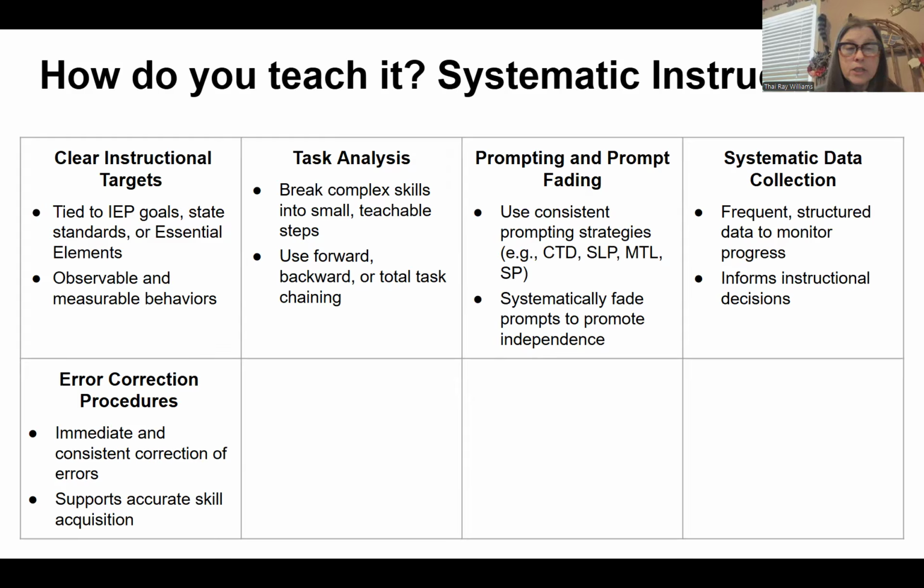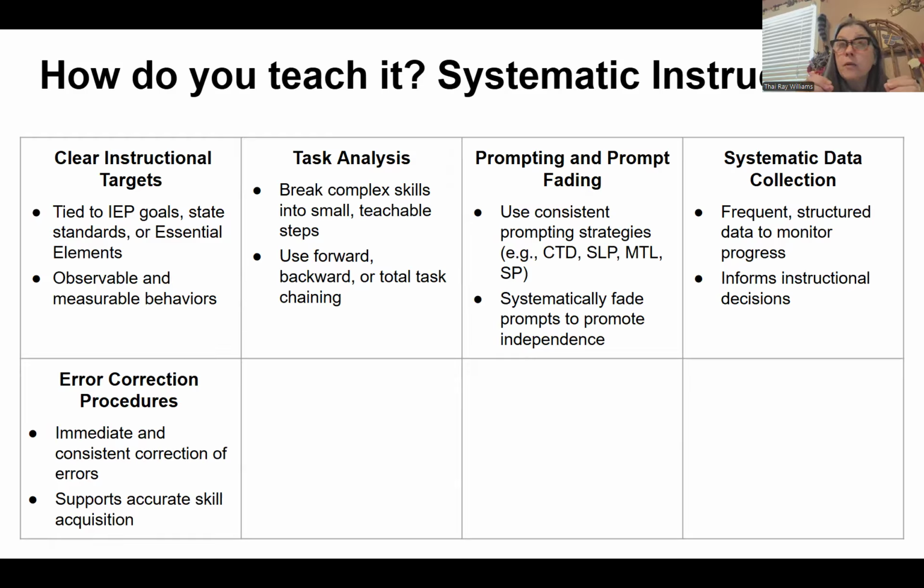But that error correction is going to be immediate, and you are going to consistently use the same type of error correction for a skill. So you're not going to do an error correction on trial one, you're going to use error correction A, and now on trial two, you're going to use error correction B. But we want to make sure that when we're using error correction, that we are supporting students in accurate skill acquisition.